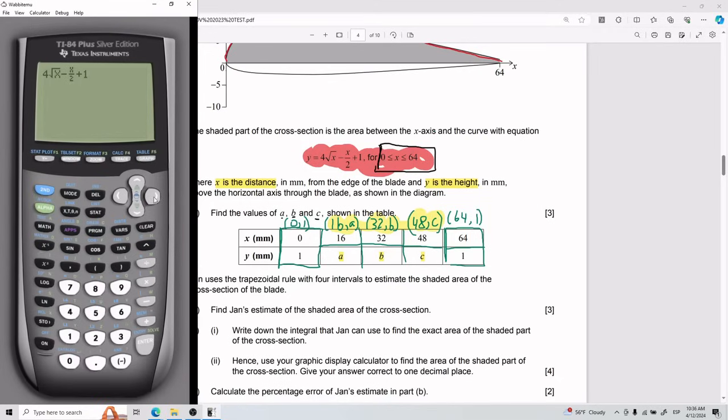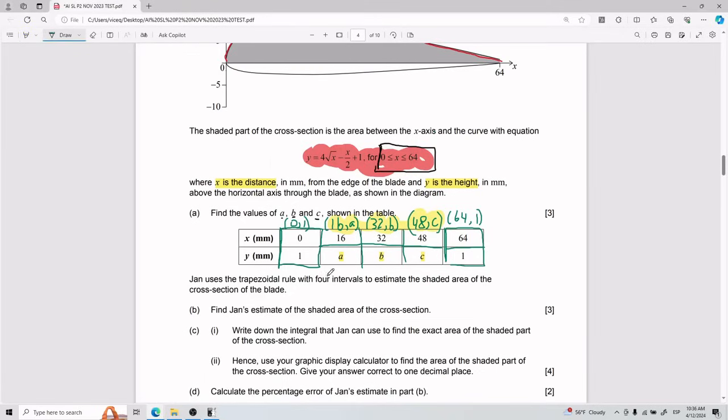And so all you have to do from here is plug in the different x's. For this first point, we're going to put 16 for x, and we're going to find that this is my value for A. And so A equals 9.